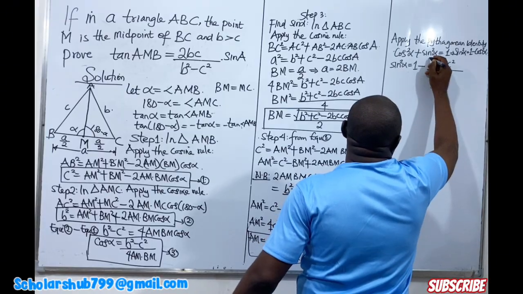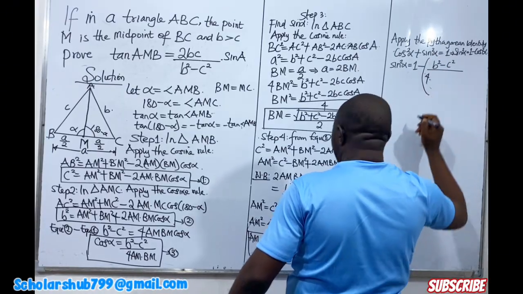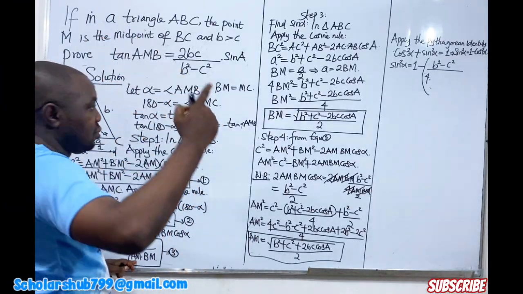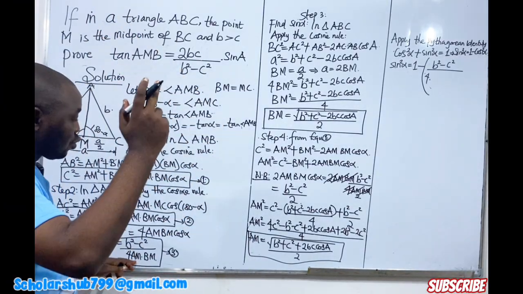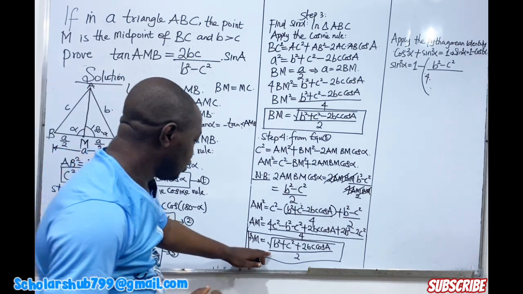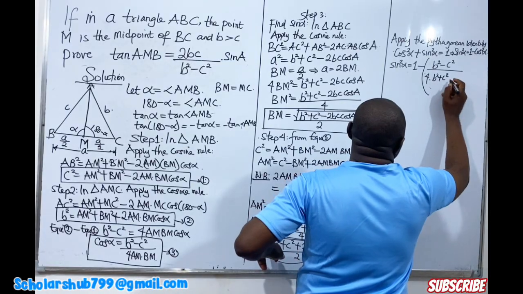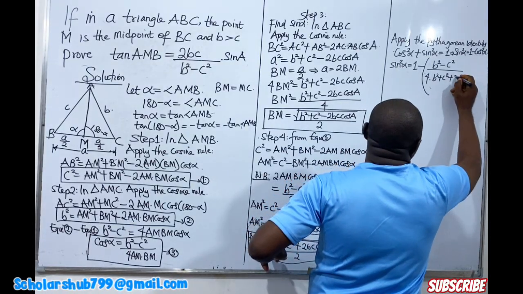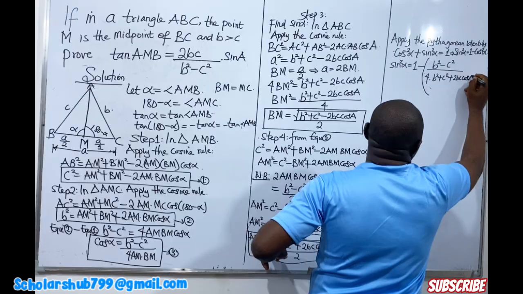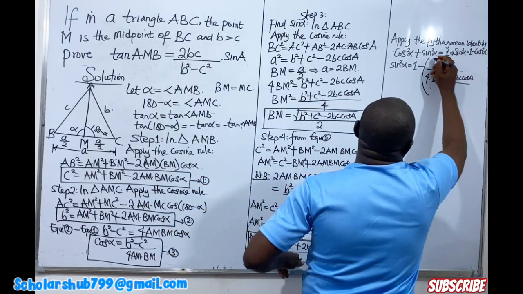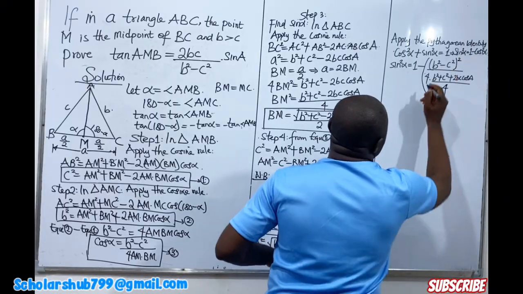Divided by 4 AM. Now we have the square. AM squared will be b squared plus c squared plus 2bc cos A over 4, and this will be squared also.